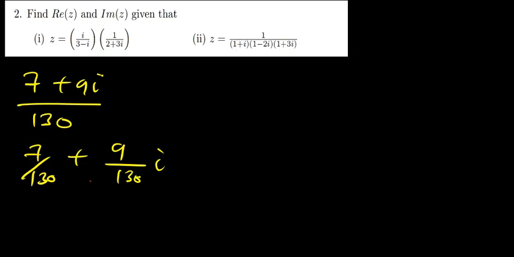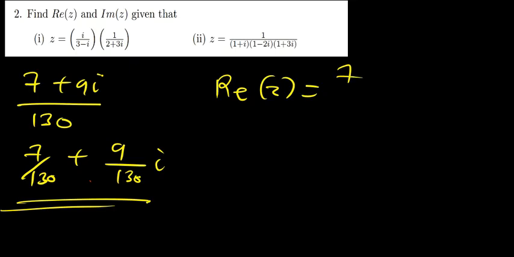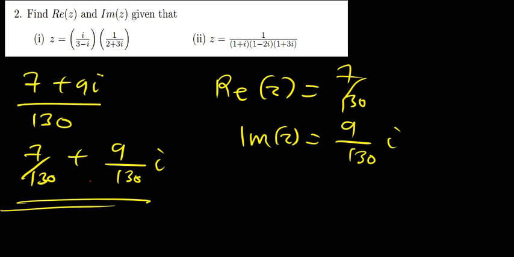I'll say my final answer is this, but the question is to find the real part of z, which is 7 over 130, and the imaginary part of z is 9 over 130i. As simple as that. So that is it for the first part.